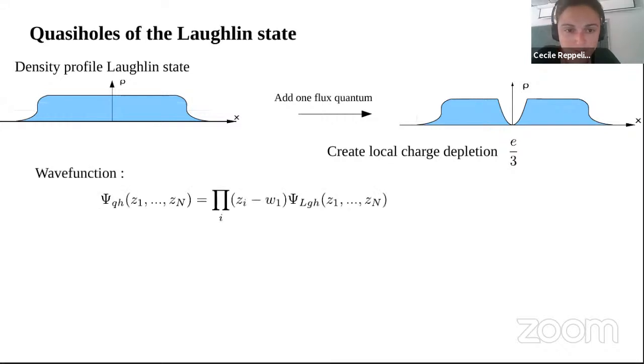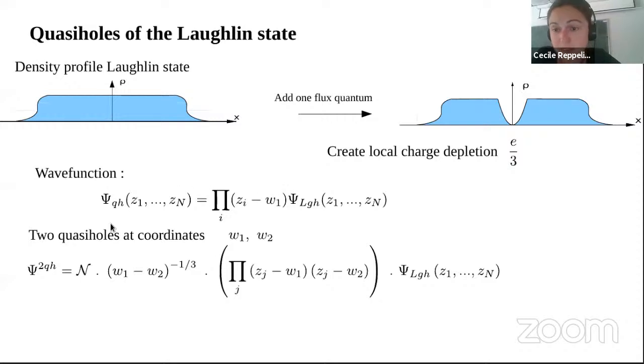And a thing that's super convenient about the Laughlin wave function is that you can write down the ground state wave function, but you can also write down the quasi-hole wave functions very conveniently. So this is the wave function for a Laughlin state with one quasi-hole, which is located at position w1.